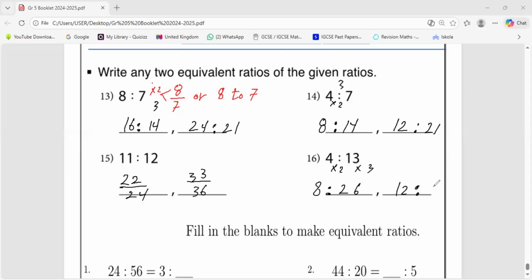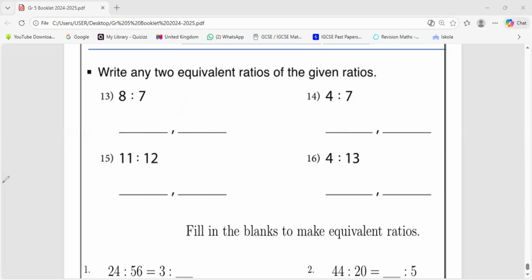There, multiply by 3, 39, and so on. Here, as we said before, we can write this one 33 to 36, or 22 to 24, like this. We can multiply by 4 or multiply by 5, as we said before.